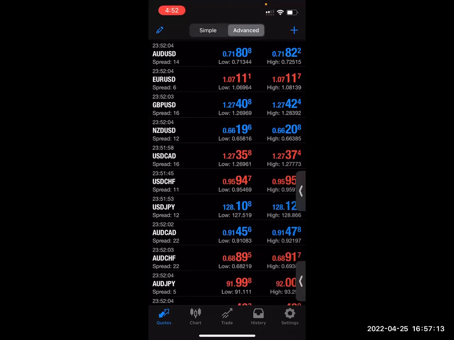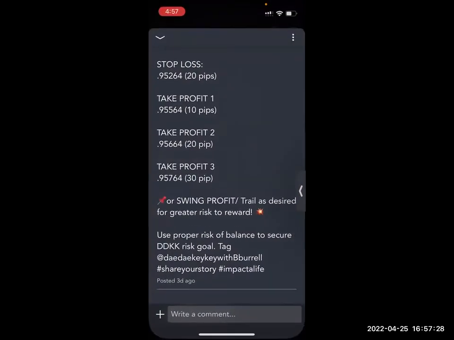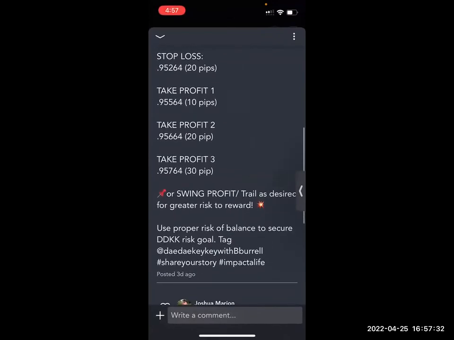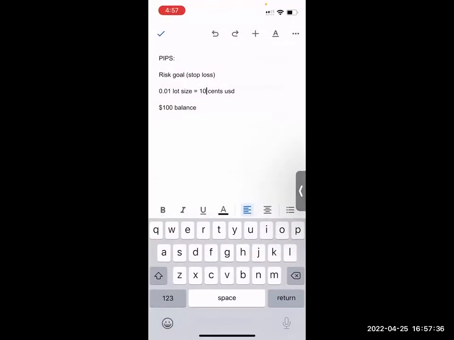If you notice on the next one right below that, it says 1.0711, and the next one next to it says 711, so it's the same, okay? But that is more important when it comes to the signal, okay? So if you are investing 10 cents on a trade, ladies and gentlemen, you put a 0.01 lot size in your MetaTrader 4 app, which means you're investing 10 cents USD.